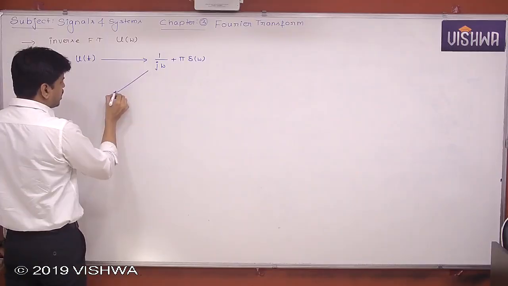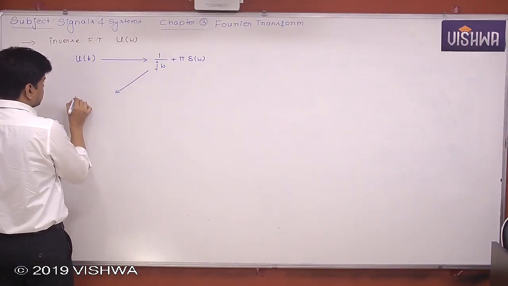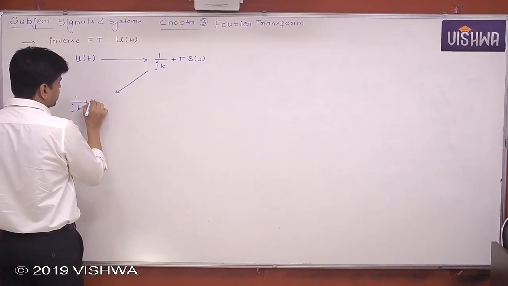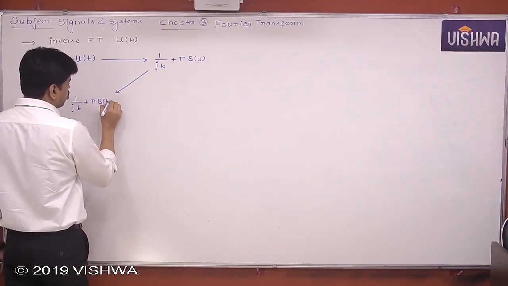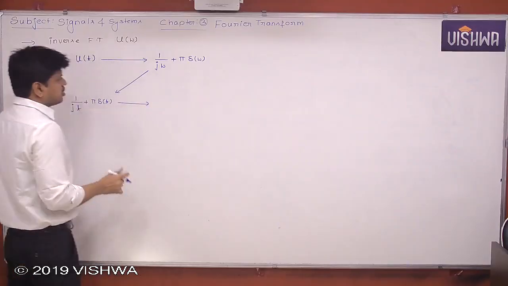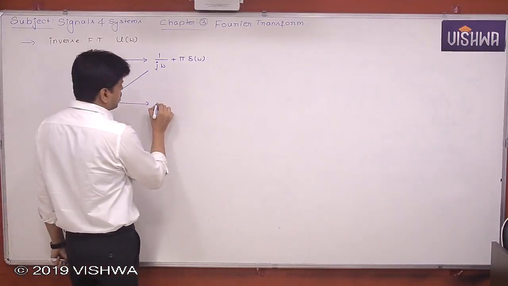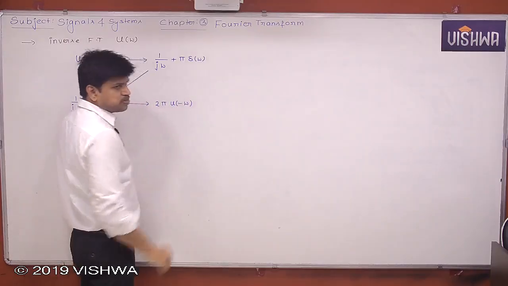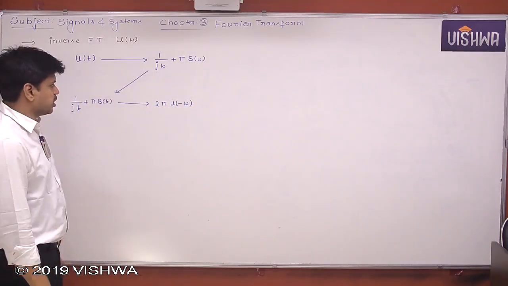If I take the duality here, then this is going to be 1 by jt plus pi delta t. If I replace omega with t, then for this function we have to multiply by 2 pi u of minus omega.